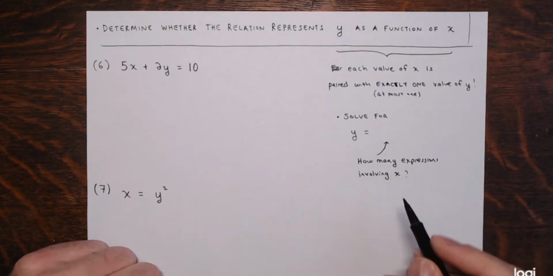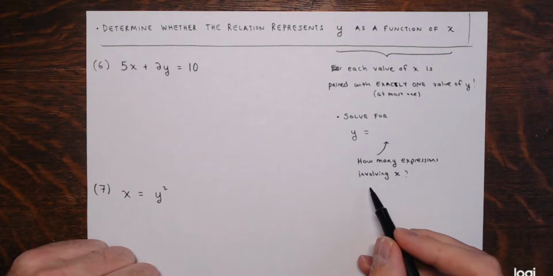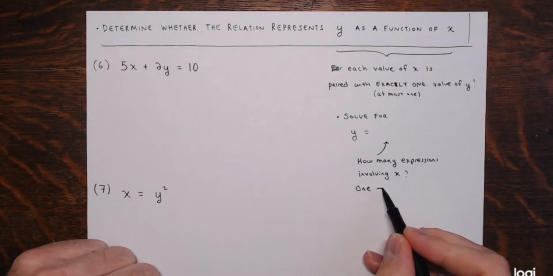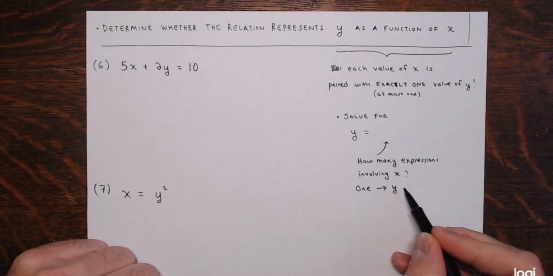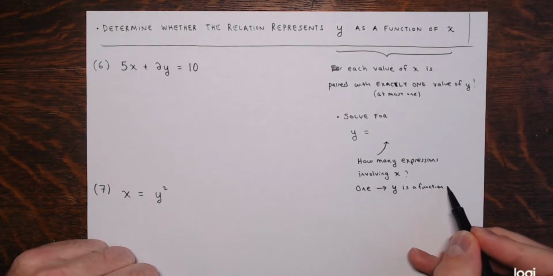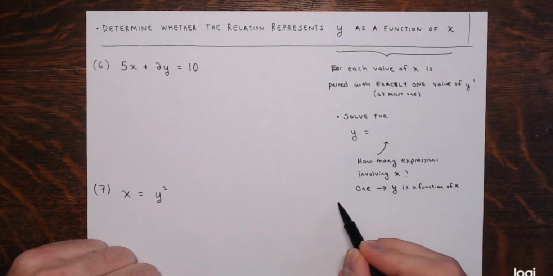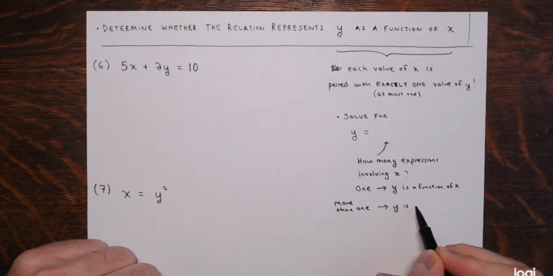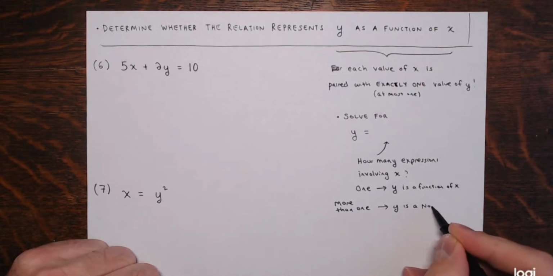If the answer is just one, it's a function. y is a function of x. If it's more than one, then y is not a function of x. You'll see what I mean, hopefully, when I go through some of these examples.